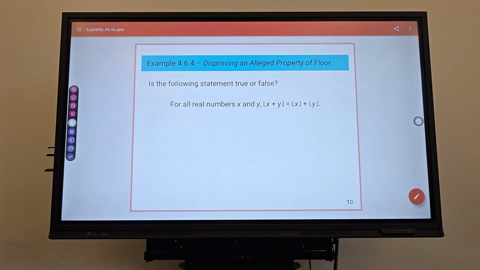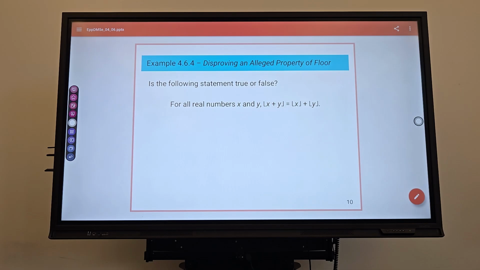Is the following statement true or false? For all real numbers x and y, the floor of x plus y equals the floor of x plus the floor of y. Is that true? No, it's not. Can you find a counterexample?